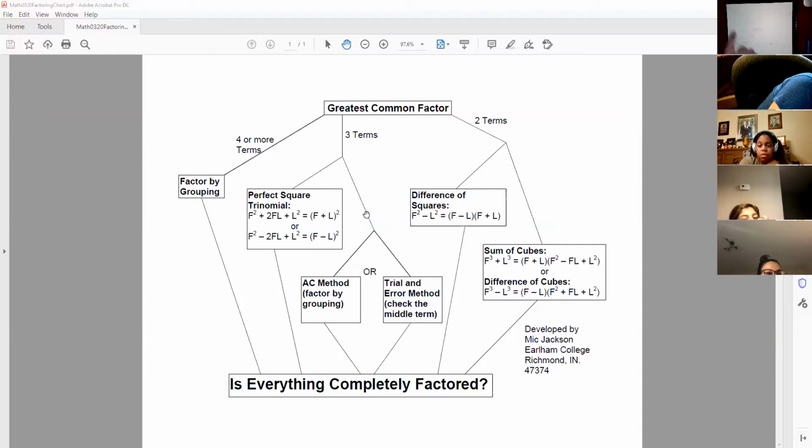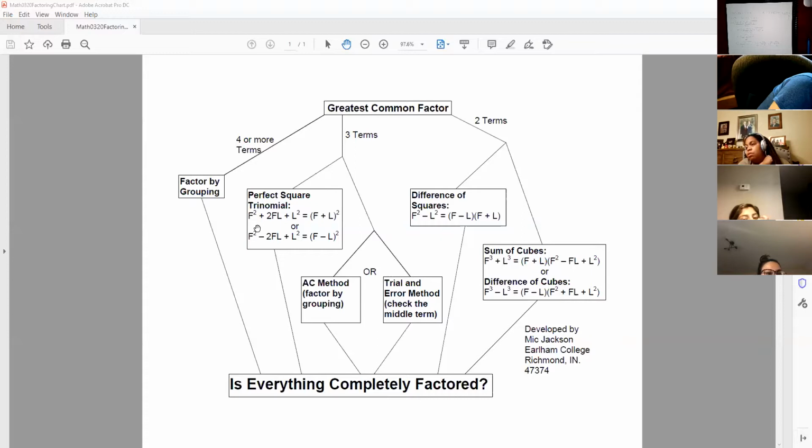In our question, we had a 3x squared. Since it's a 3 and not a 1, I do not do trial and error. I instead go to AC. You could force your way with trial and error, and some people do that, and that's okay, but I don't like brute force. So I'll use the method that works every time.